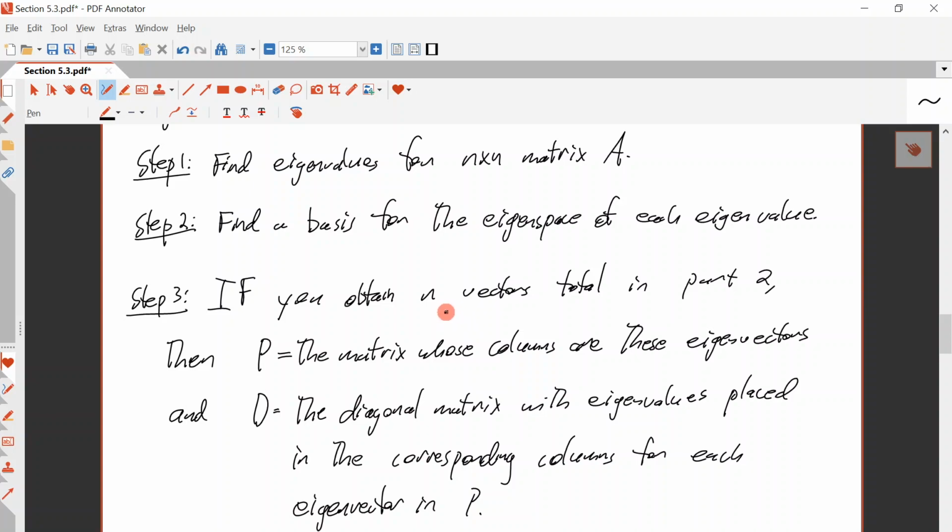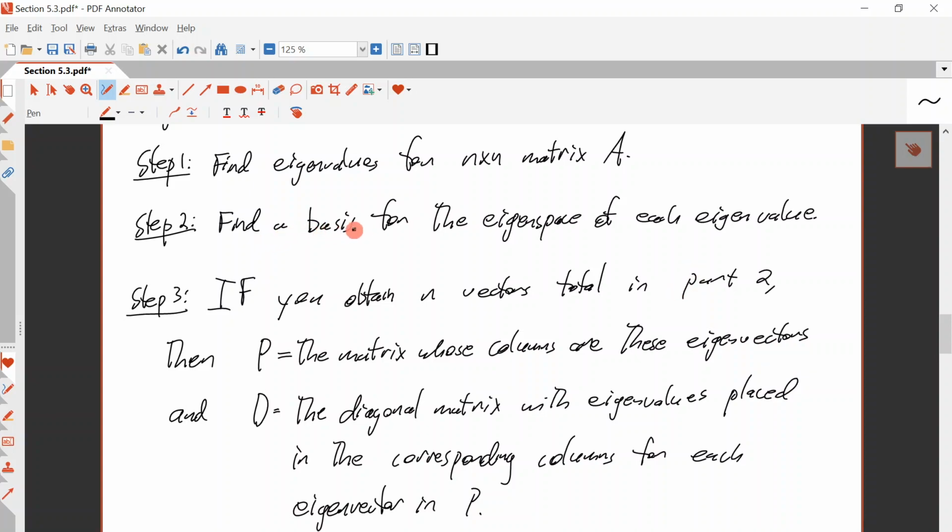And when we obtain n vectors in step 2, you find a basis for the eigenspace of each eigenvalue. For the distinct eigenvalues, you know the eigenvectors are linearly independent.